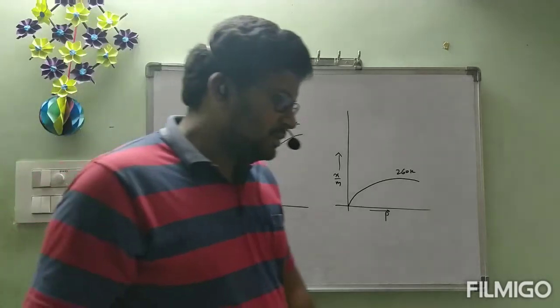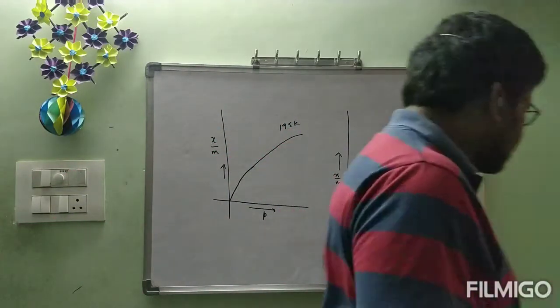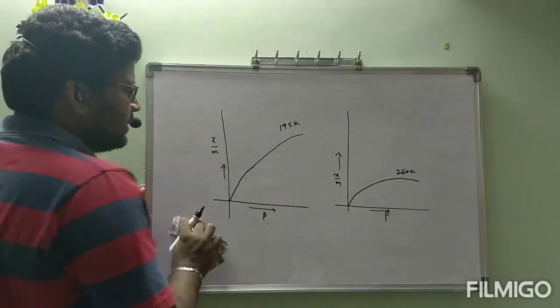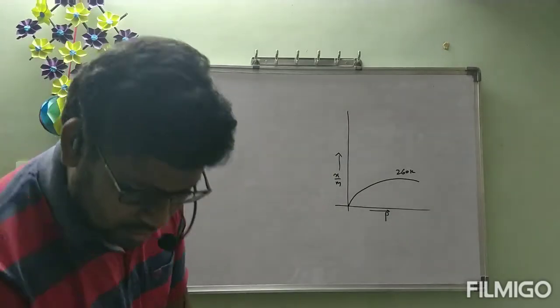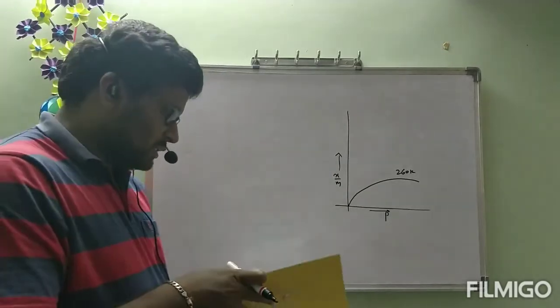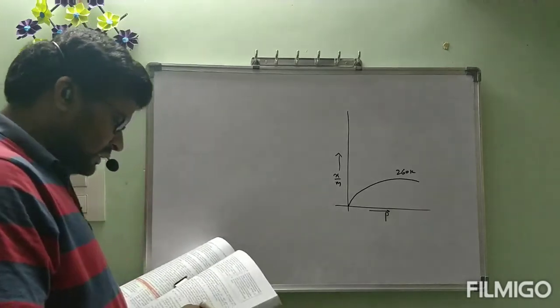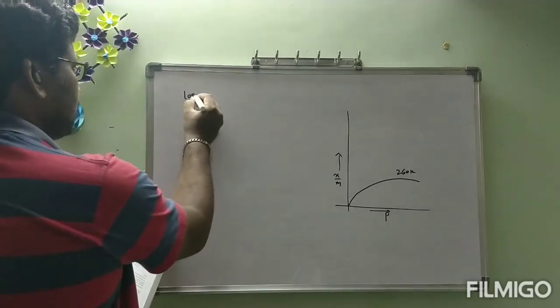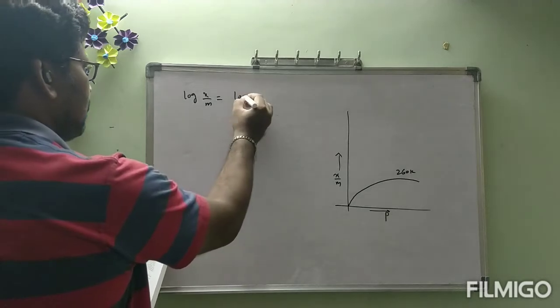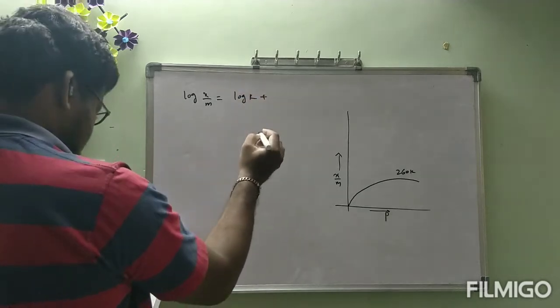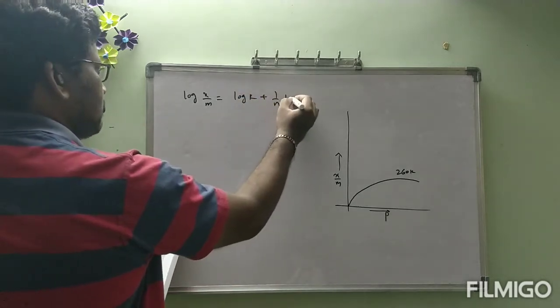The graphs we have seen are drawn between x by m and p. And what is the equation? Langmuir's equation, that is log x by m is equal to log k plus 1 by n into log p.